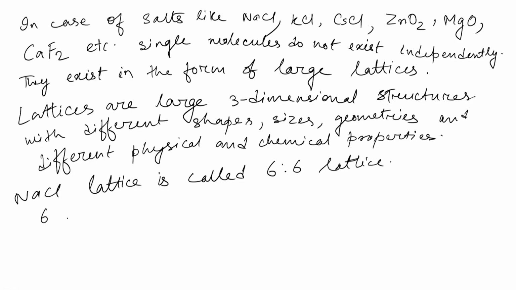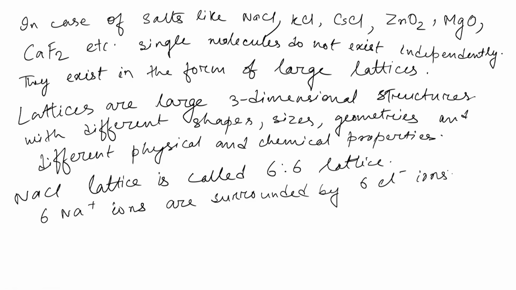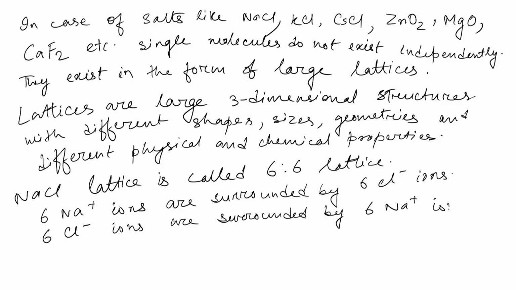Because 6 Na plus ions are surrounded by 6 Cl minus ions, and 6 Cl minus ions are surrounded by 6 Na plus ions. So this is called a 6:6 lattice.